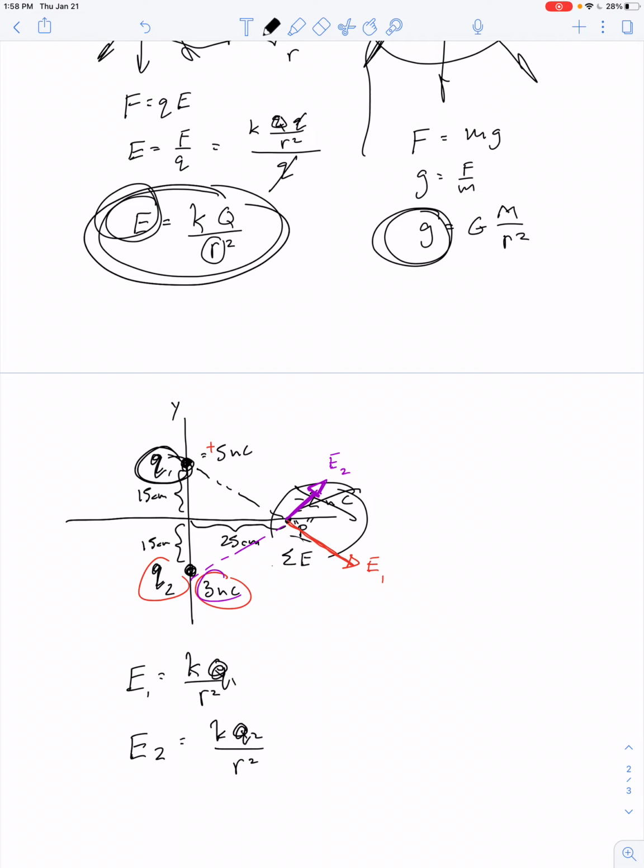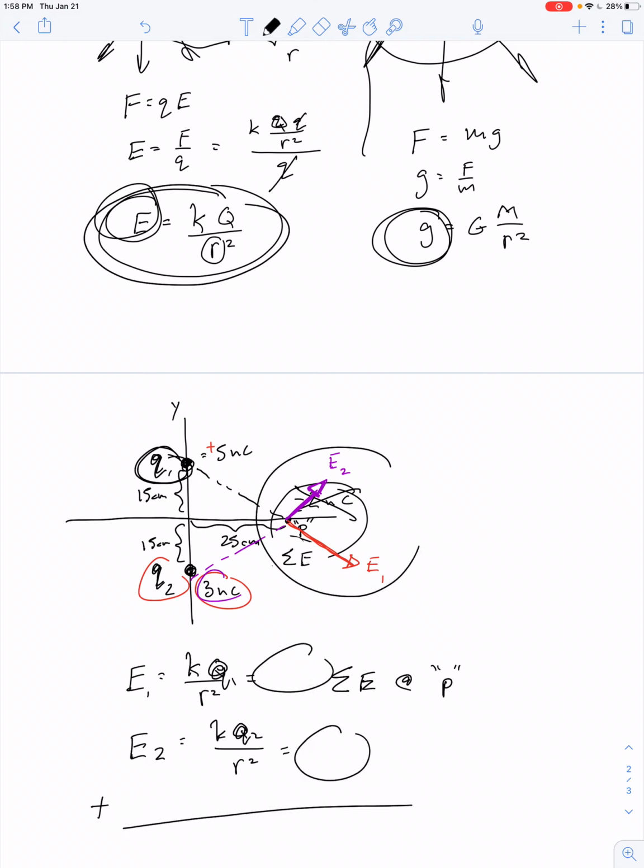Now, if I want to find the net electric field at point P, I'm not going to just take these values and strictly add them together as scalars. I'm going to have to do the vector math to figure it out. And that's really not the point of this video lesson, to do the numerical computation. It's more to express the method by which we would do this. So if you would like to do it and use the values given, by all means, you can work this out.